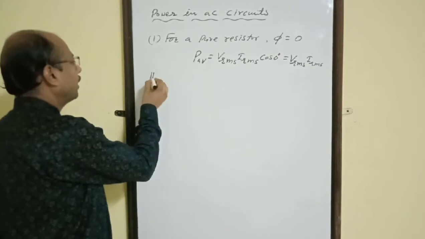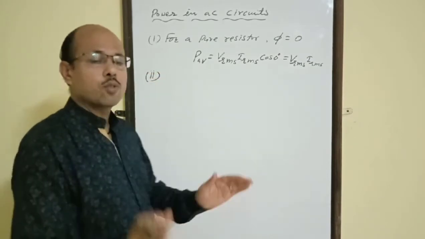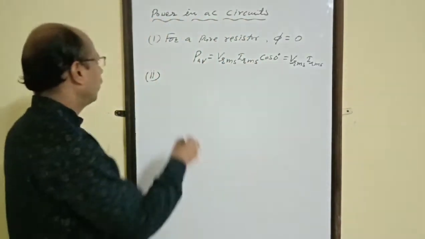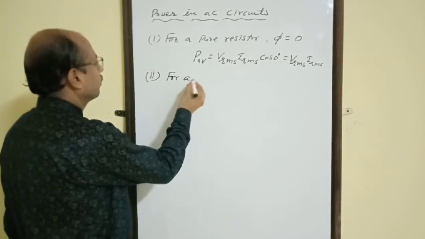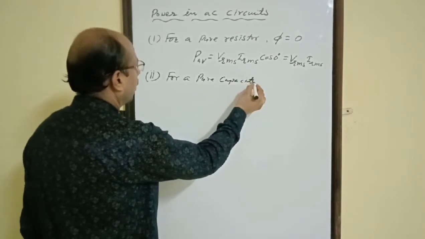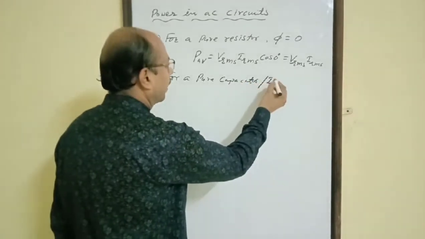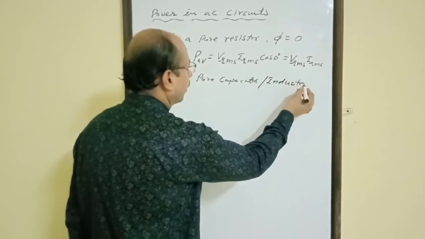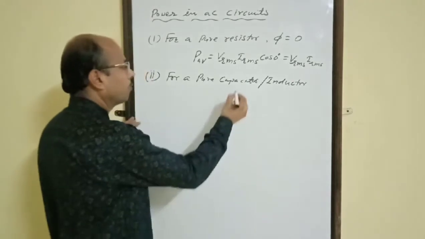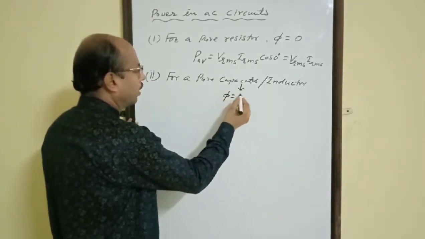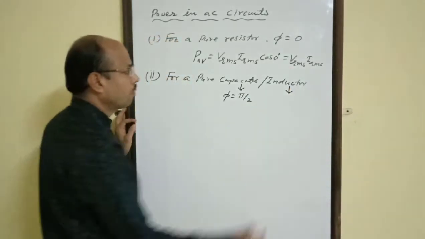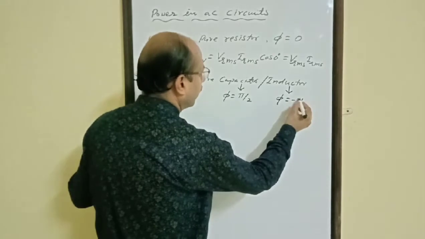But interestingly, we note that in the case of an inductor and capacitor, there will be no power loss. Why? For a pure capacitor or inductor, I am taking both the cases directly. For a pure capacitor, phi equals pi by 2. For a pure inductor, phi equals minus pi by 2.